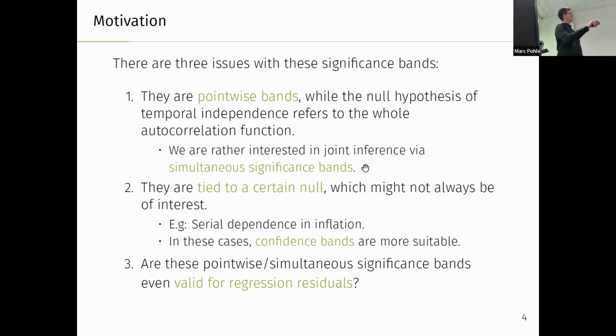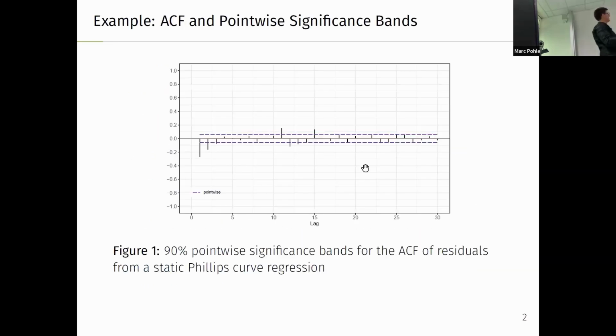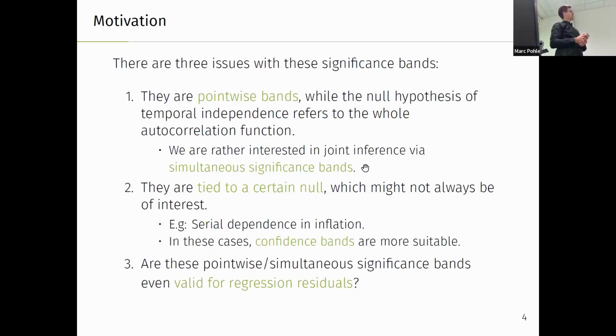This is for observed time series, the first two points, and for regression residuals, as in this example, the question is if those bands, or the simultaneous versions, or the confidence bands remain valid, or if they need to be modified.